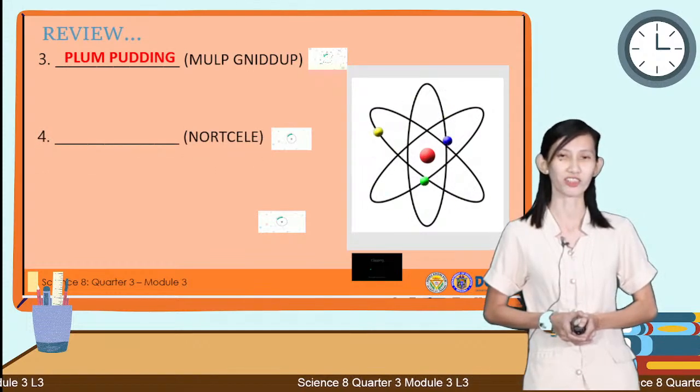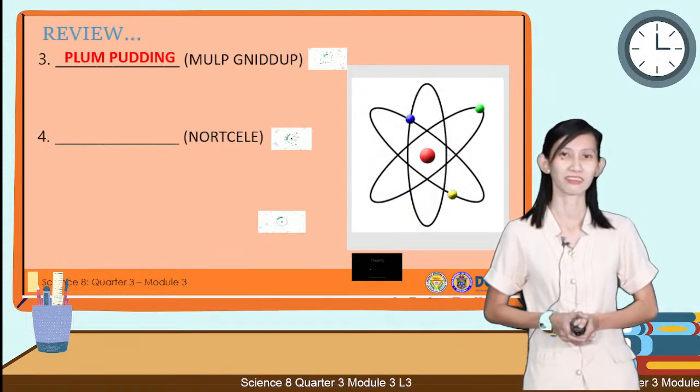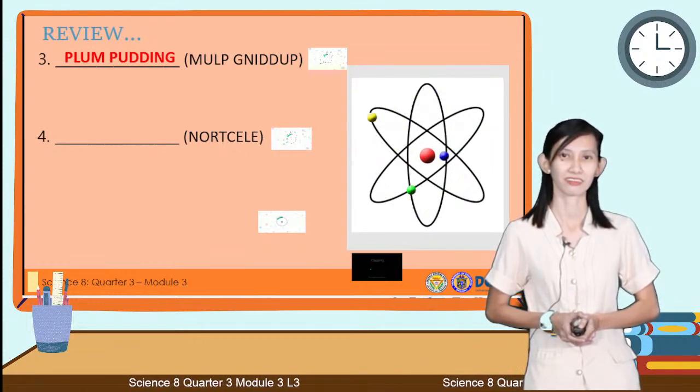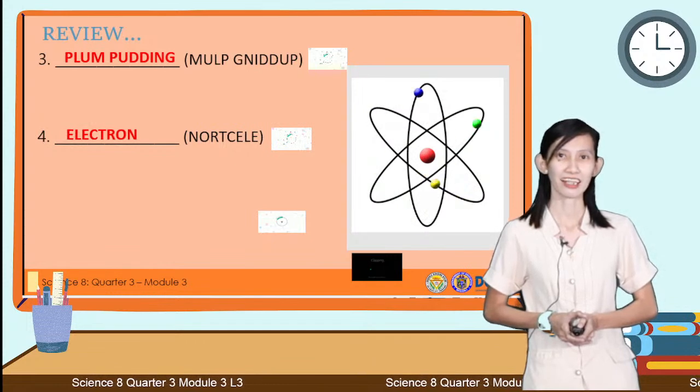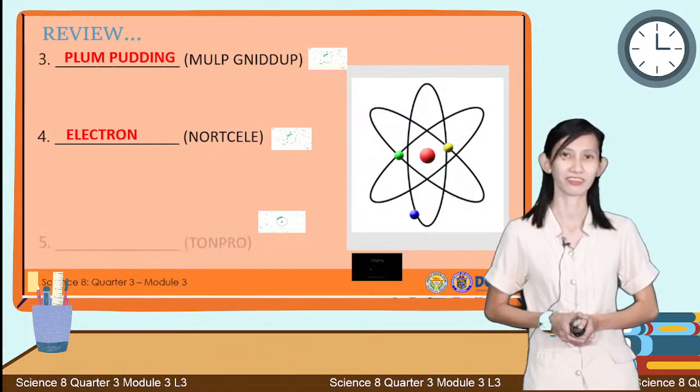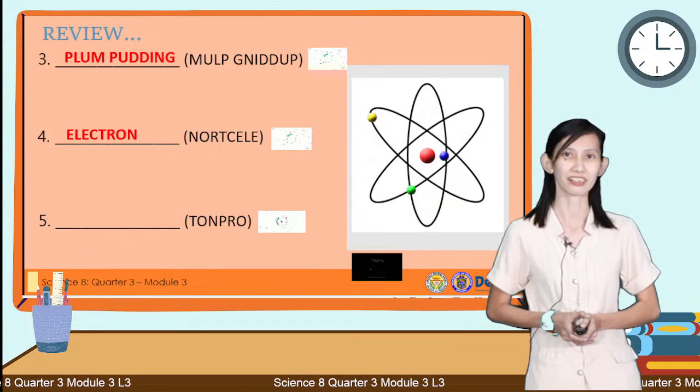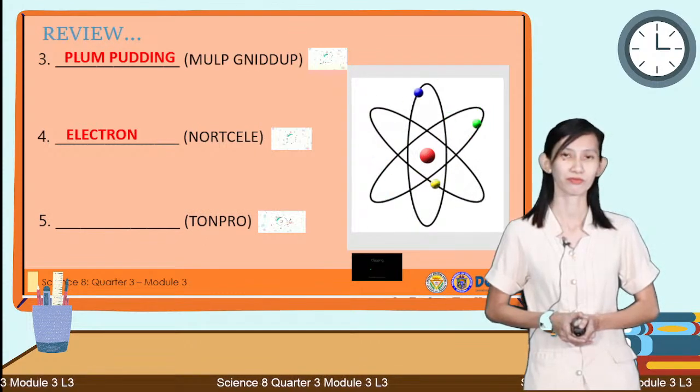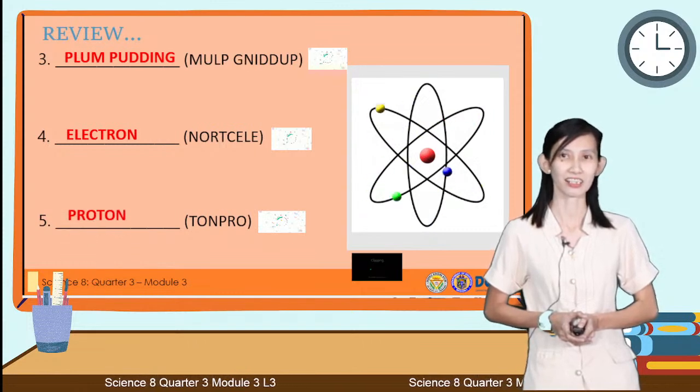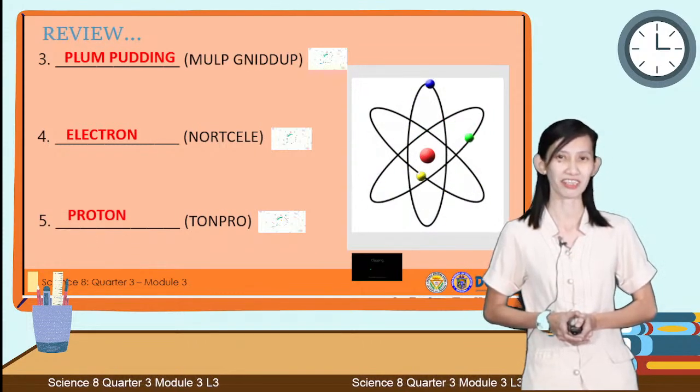The fourth jumbled letters, the answer is electron. The last number, the answer is proton. Very easy, right?